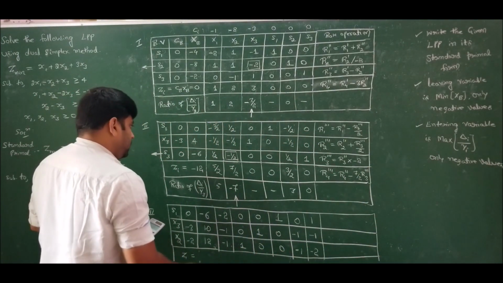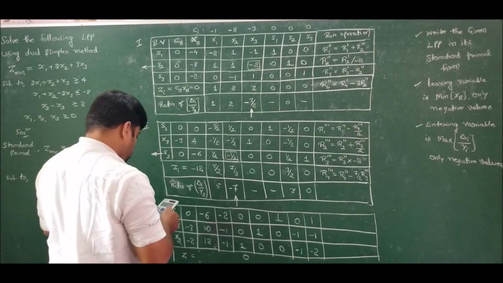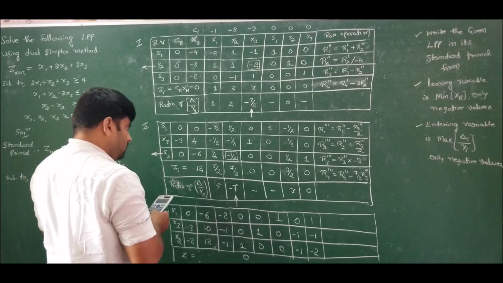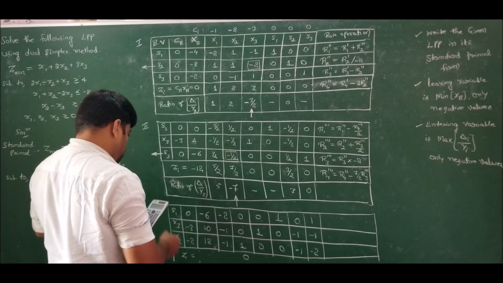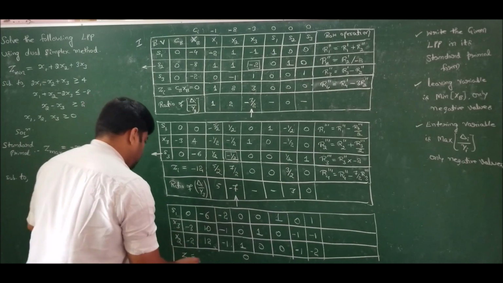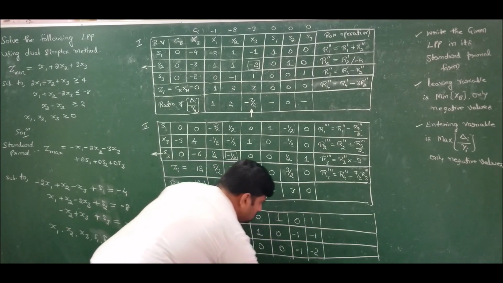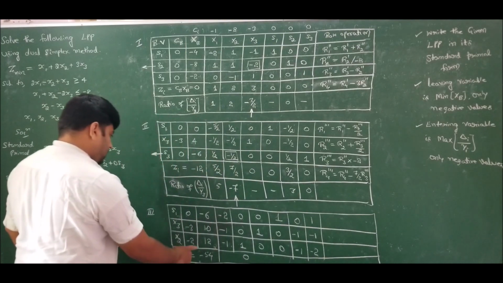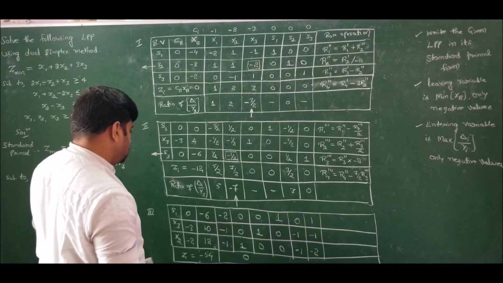So -7/2, it will become 0. So we have -12 minus 7/2 times, I have 12 here, which is -54. -54 is what I am getting. If I cross check, I will get the same. 12 to the 24 plus 30, 54, correct.